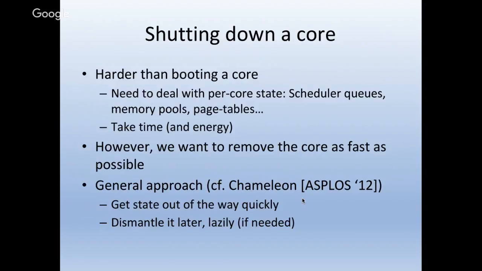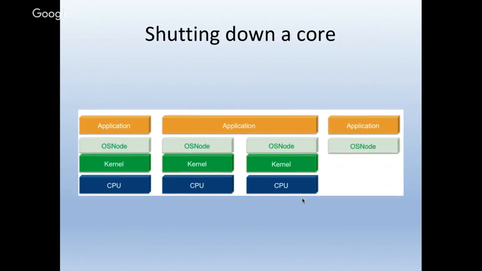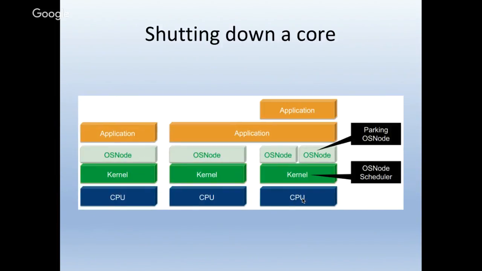So how does it work in our OS? First, we capture all per-core state as an OS node, and we move it to a different core. Now, we add an OS scheduler into the kernel that is able to dispatch the different OS nodes.